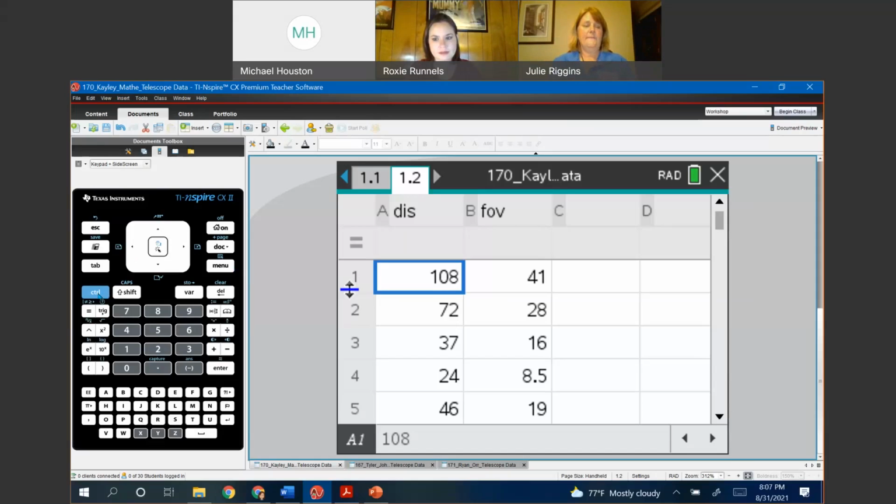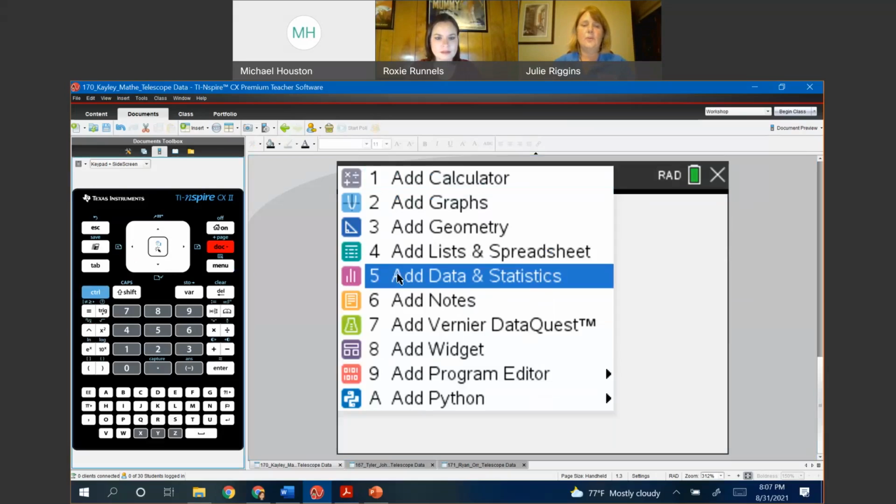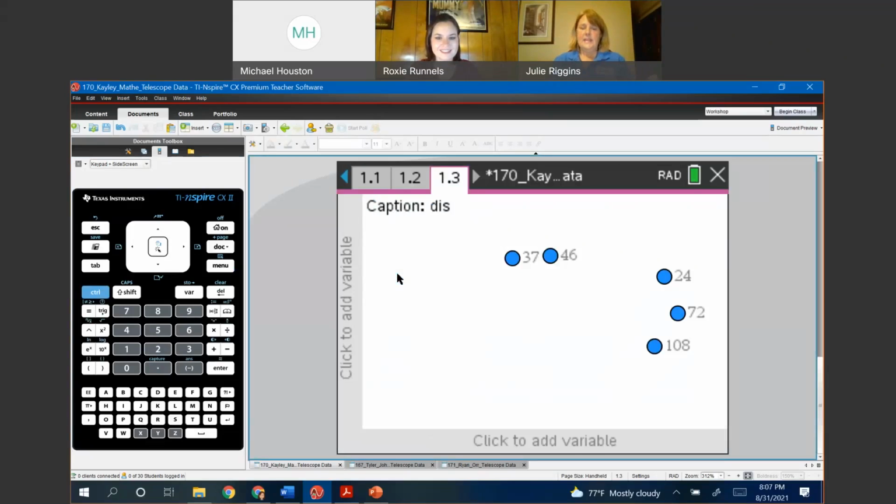So first of all, we are going to add a page. We're going to add a data and statistics page to graph our data. And right here, I ask my students, what is the Nspire asking you to do? They'll say, it says click to add the variable.